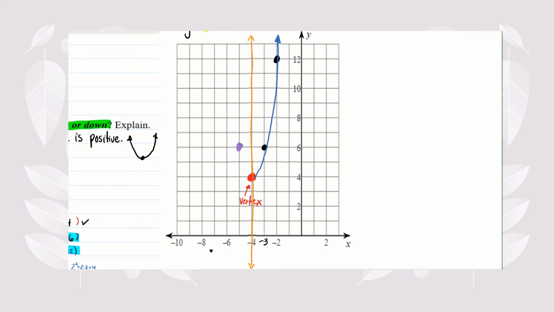The axis of symmetry serves like a mirror. Think of it as a mirror. And on the other one, which is 2 units away, count 2 squares to the left, and you have another point. So now we have points on the left, so we can sketch the left side of the parabola.